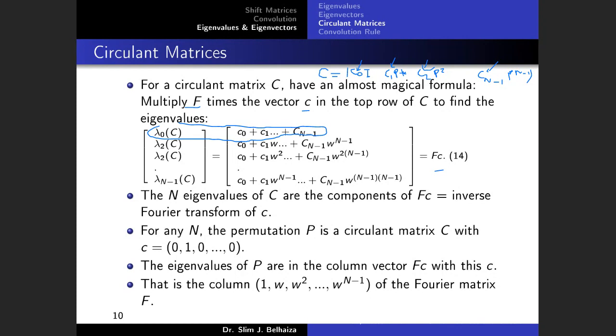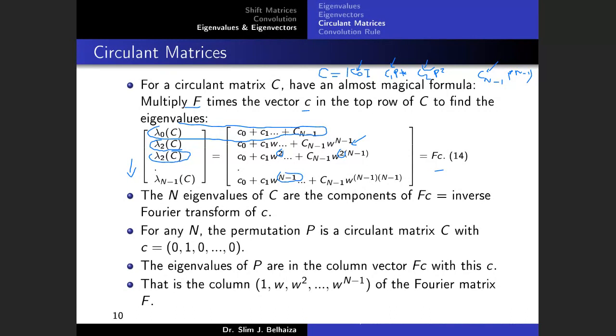The second eigenvalue would place w after c1, then w to the power 2 after c2, till you reach the last item, c(n minus 1), where you place w to the power n minus 1. If you move to the next eigenvalue, you now raise every item here to the power 2. Now, if you roll on till you reach the last eigenvalue, you multiply every one by w, n minus 1 times.